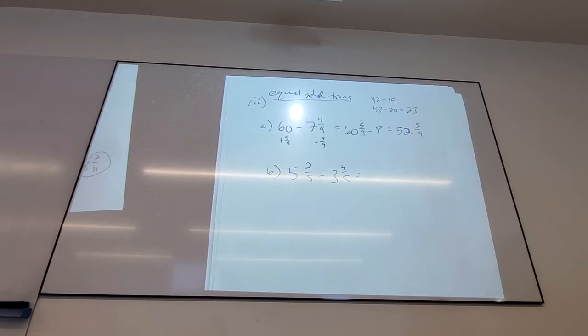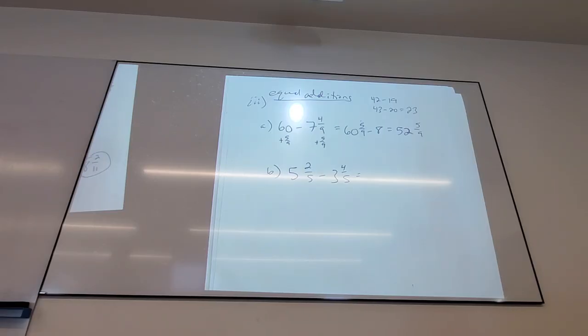Not which part do I want to make a different number, but which part do I wish I could change legally? So I want the second piece to be a whole number, yes? Because it's easier to subtract a whole number than it is to subtract a mixed number. You guys with me? That was the whole purpose of why we did what we did in part A. So to do what we did in part A, what do I add to both?